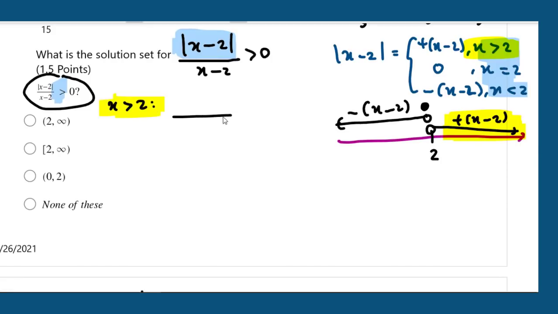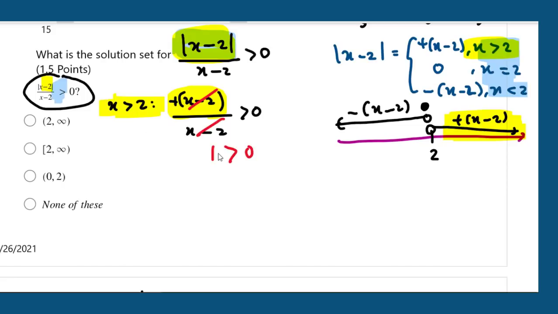So here, x minus 2 over x minus 2 more than 0, this part changes to positive x minus 2. One can be cancelled and it is equal to 1. 1 more than 0.